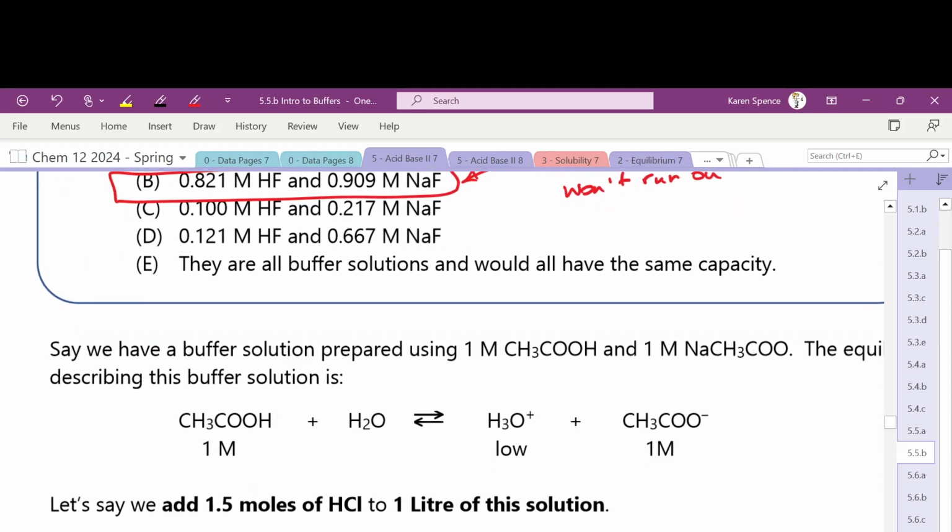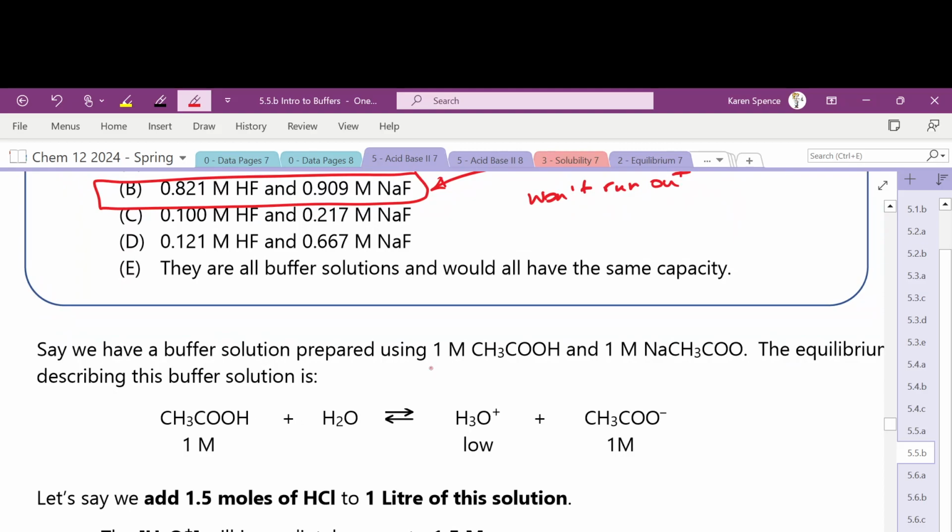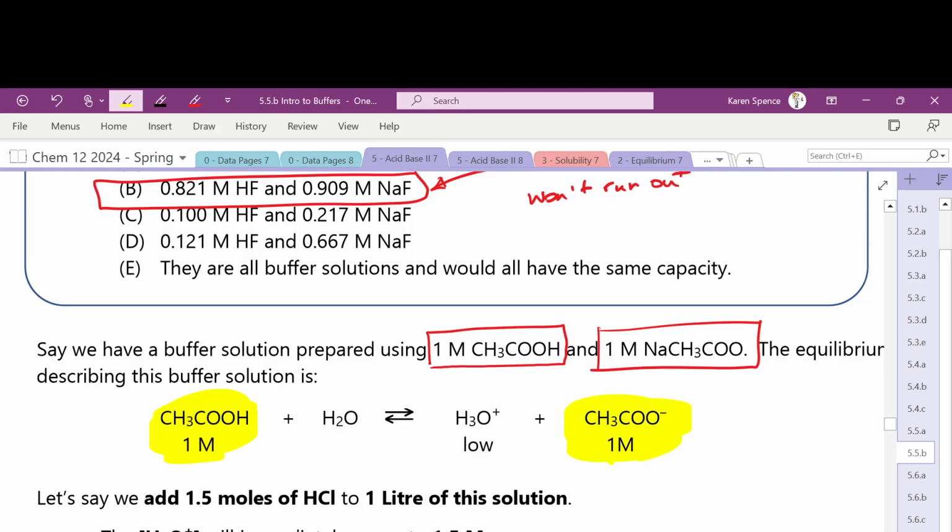So let's say we have a buffer solution that's prepared by using 1 molar acetic acid and 1 molar sodium acetate. That means we have 1 molar of CH3COOH and 1 molar of CH3COO minus. And let's say that we have 1 liter of this solution.